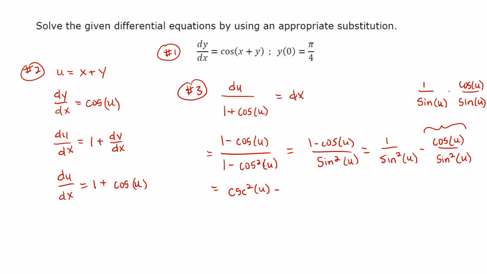So this would then equal cosecant u cotangent u. That's the left-hand side.